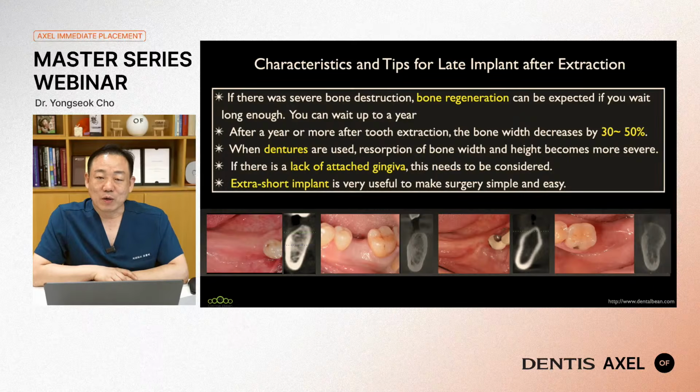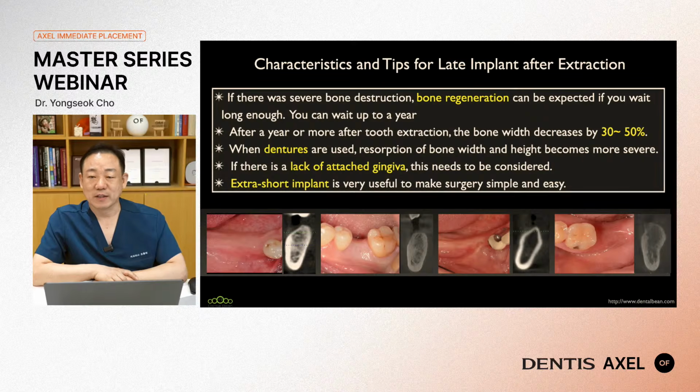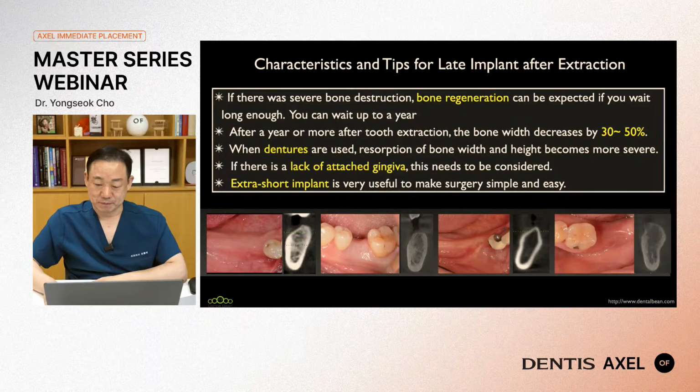After a year or more after tooth extraction, the bone width decreased by 30 to 50%. When patients wear dentures, it resorbs bone width and height more severely. If there is a lack of attached gingiva, this needs to be considered in late implant placement. An extra short implant is very useful to make surgery simple and easy.